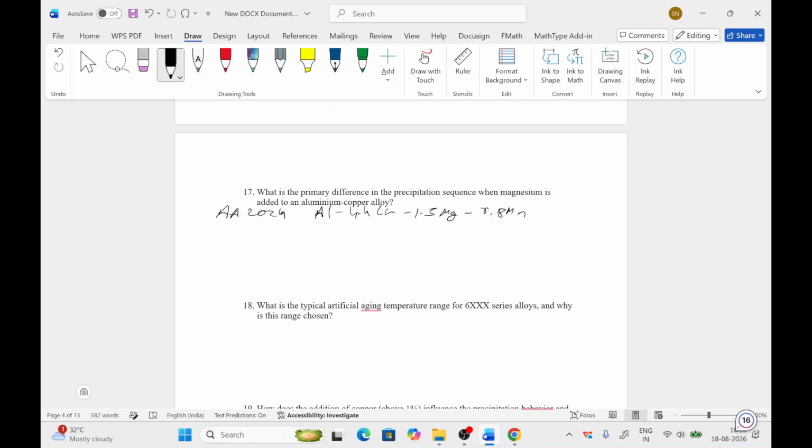So the magnesium atoms also form precipitates with the copper atoms. A cluster of magnesium and copper starts to form first.